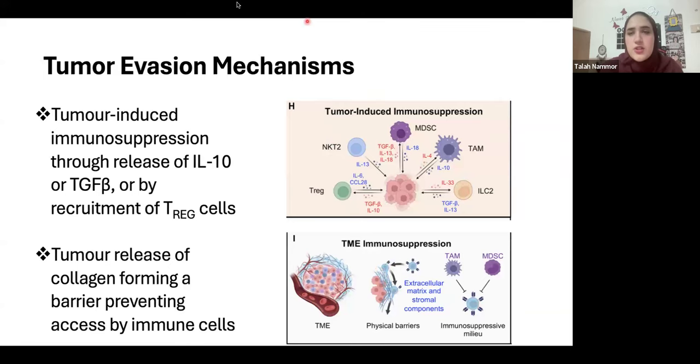By releasing collagen or whatever. They form a layer around it that is hard for the immune system to get into, and it's just going to grow and grow. It literally forms physical barriers, where we're going to have extracellular matrix, collagen fibers, or whatever, just to prevent the immune system from going in.